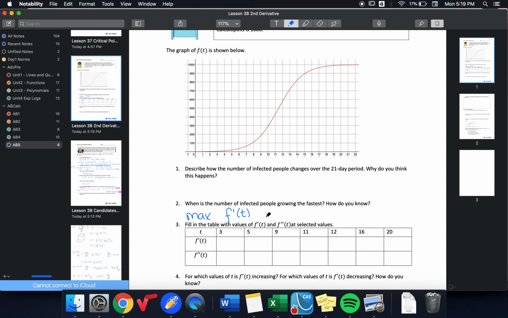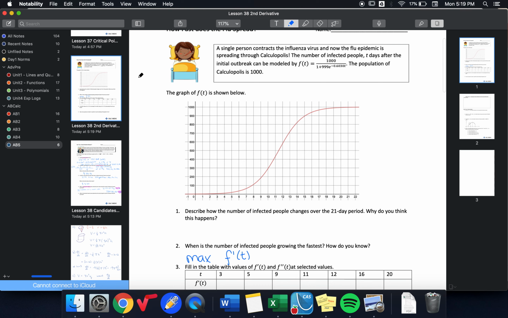To find that, my max of f prime of t is happening when the rate of change of f prime of t goes from positive to negative. That means I'm going to look at my second derivative going from positive to negative.